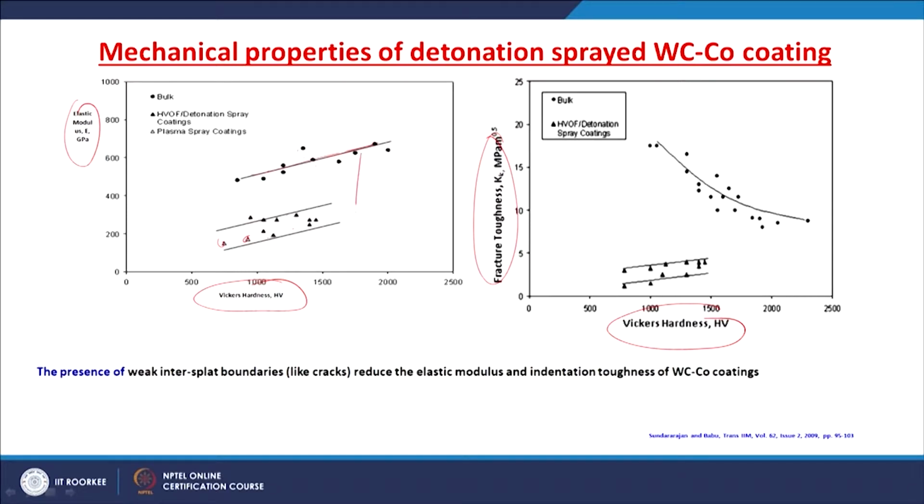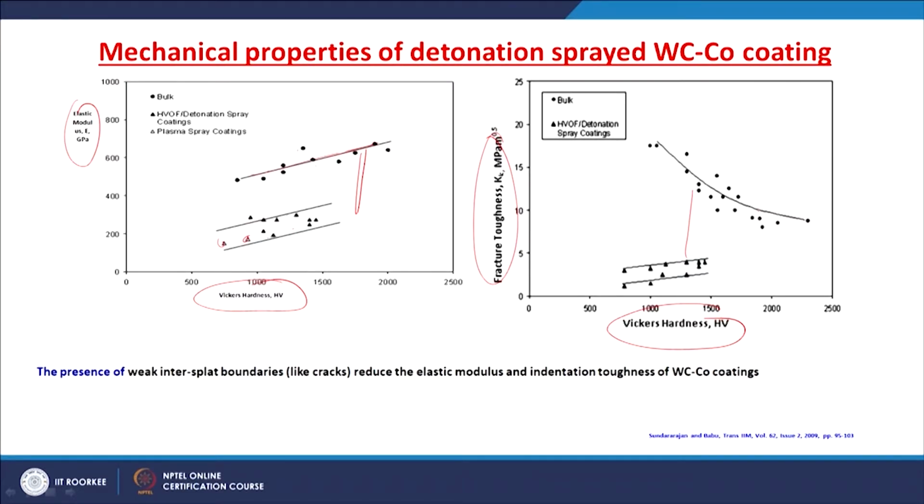But if you look at the mechanical properties, the elastic modulus is less in the case of coatings as compared to bulk tungsten carbide cobalt alloys. Similarly, the fracture toughness is also much lower in coatings when compared to bulk tungsten carbide cobalt material. The reason again is the defects in the form of intersplat boundaries.